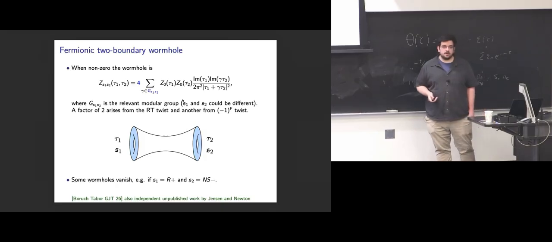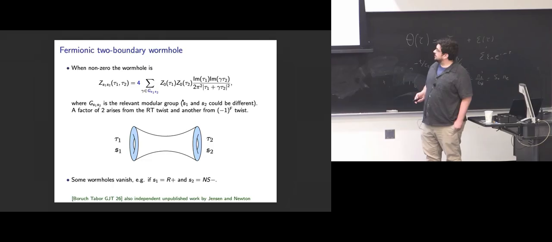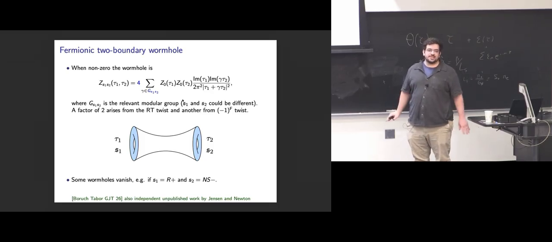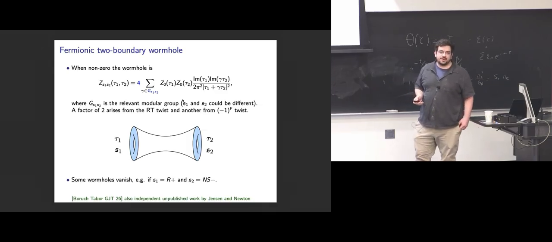Do you give an interpretation just in terms of spectral statistics of CFT2, what some of these vanishing wormholes mean? Yeah, it means that there are some sectors that are statistically independent and some that are not. In the RMT limit, all the sectors are statistically independent, but in the 2D CFT ensemble, they're not. For example, R minus and NS minus are related by an S transformation, and that's telling you that the two Hilbert spaces are not independent because they're related by modular transformation.